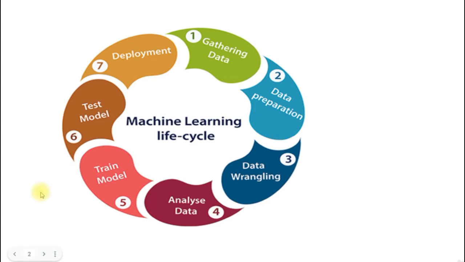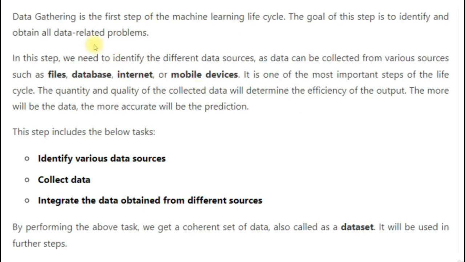And once you are satisfied with the performance of the machine learning model based on the predictions that it is making, after testing you use that model in deployment or production. So this is the basic overview of a complete machine learning life cycle. Now let's understand each step in detail.